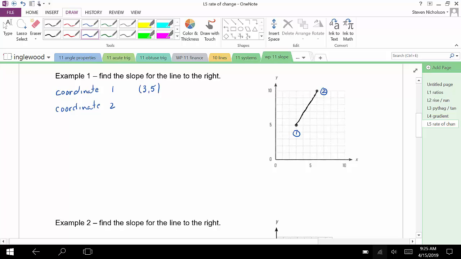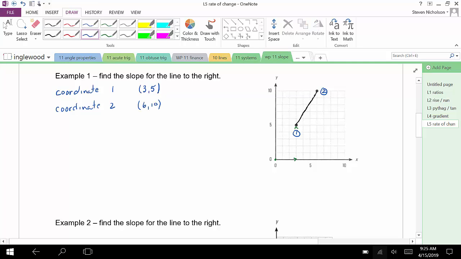So this is what we did in grade 8 and grade 9 and grade 10. We found coordinates of points, and remember, you always start at the origin. You always go in the x direction first, so we go over to 3, and then we go up to 5. So there's 3, 5. And similarly, the coordinate of point number 2 is 6, 10.